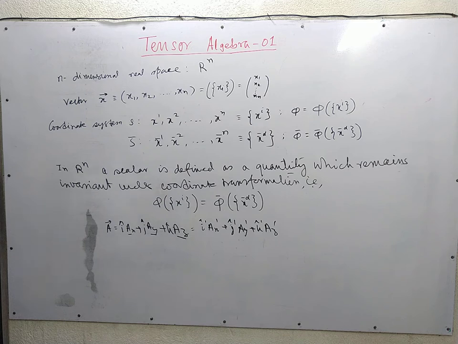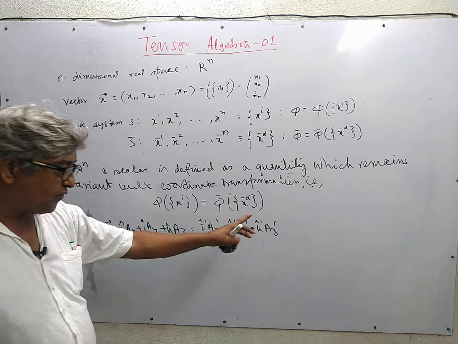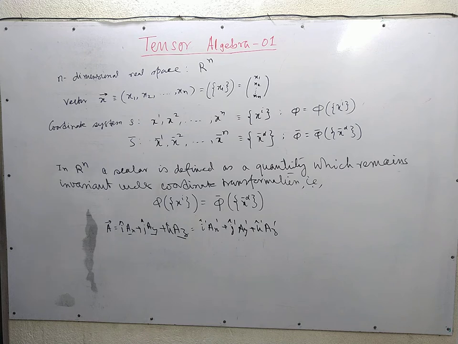Those quantities which do not follow the definition of a tensor do not come within this purview. For example, the components of a vector cannot in general be considered as a tensor of a suitable rank. Now we come to the definition of a vector.